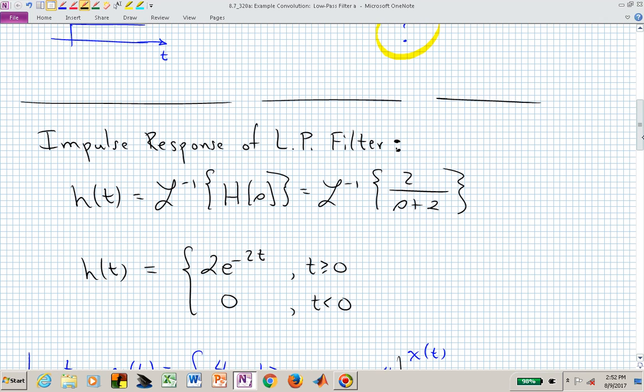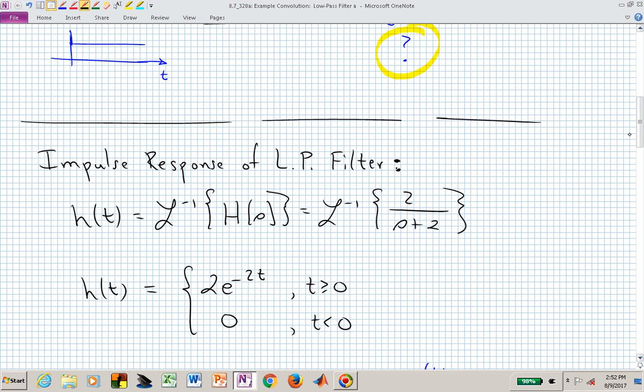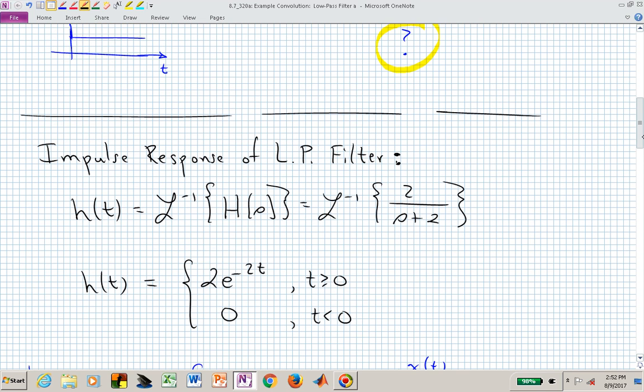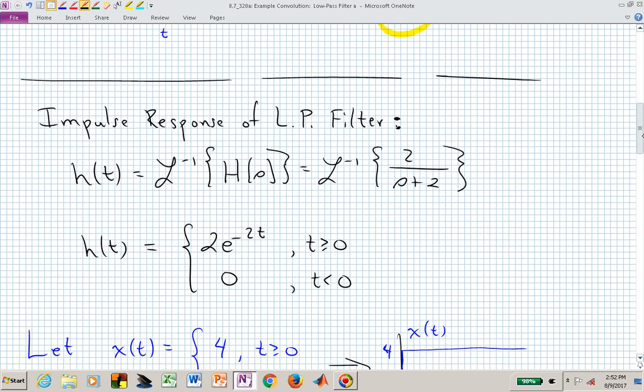If the transfer function of our low-pass filter is 2 over s plus 2, then we can inverse Laplace transform that to obtain the impulse response of that low-pass filter, and in the time domain, for non-negative values of time, that is equal to 2e to the minus 2t.